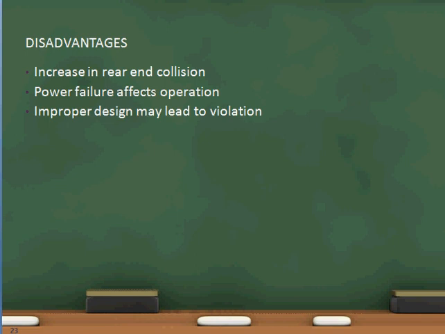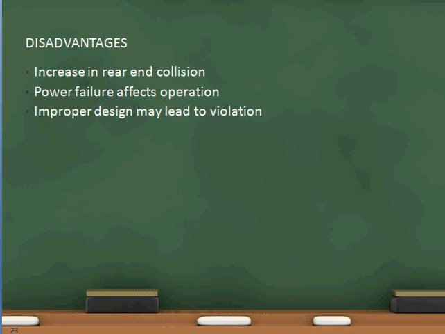Then if a power failure occurs, it will affect the operation of the traffic signal. Then improper design. If the leg of the intersection from where the maximum number of vehicles are coming is not given maximum green time, there will be chances of violation. Suppose you have a four-legged intersection and the main road has the most volume of traffic, and we provide less than the required green signal time in that direction, and the other direction has more green signal time.